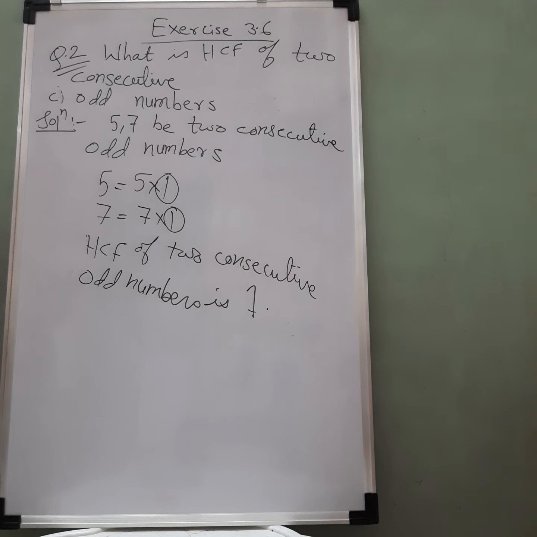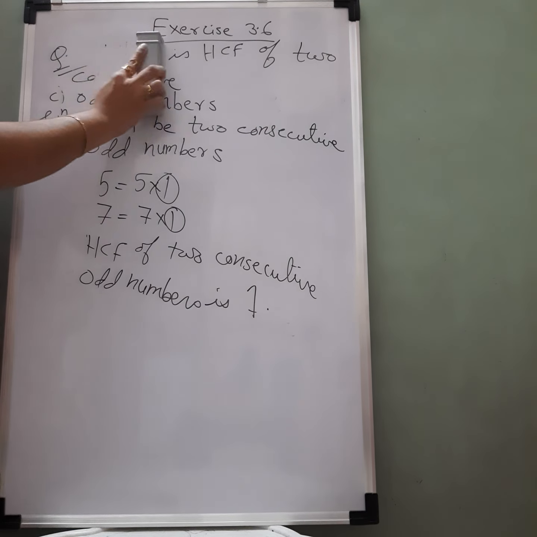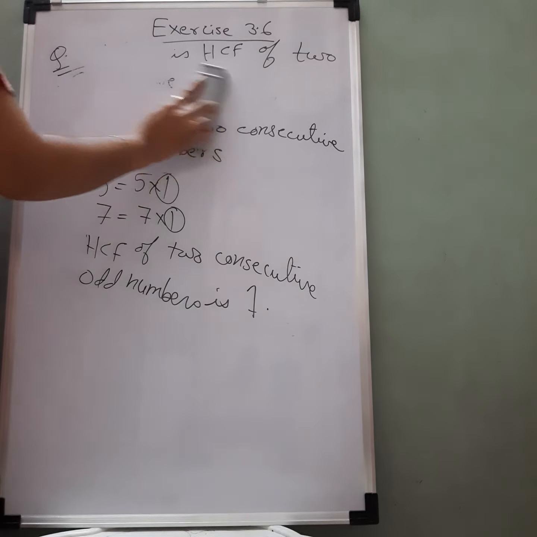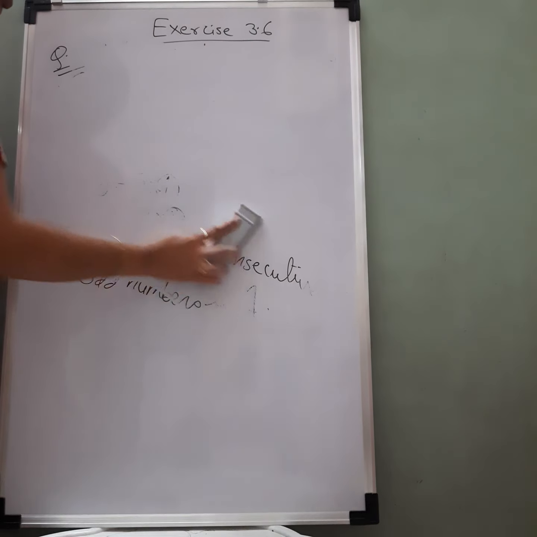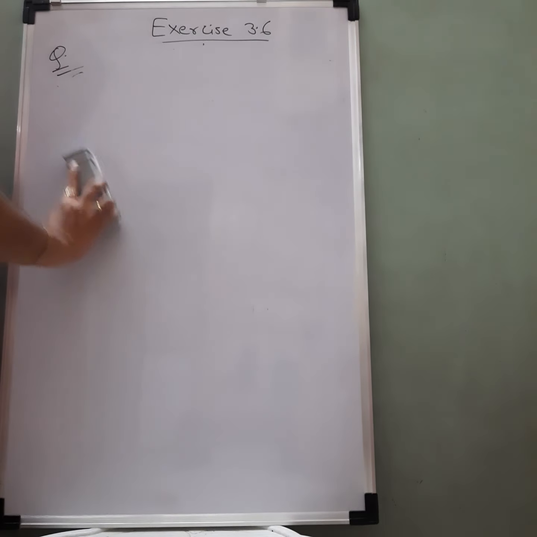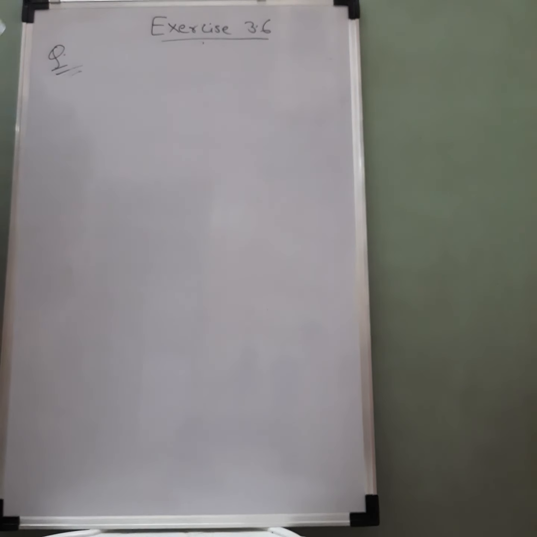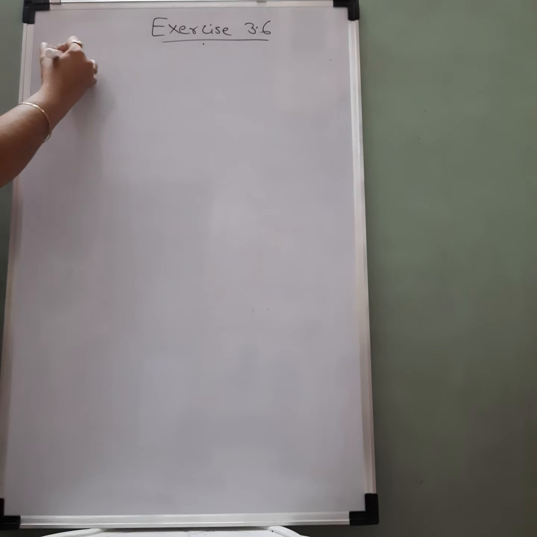Now question number 3 is, HCF of co-prime numbers 4 and 15 was found as follows. 4 is equal to 2 into 2 and 15 is equal to 3 into 5.